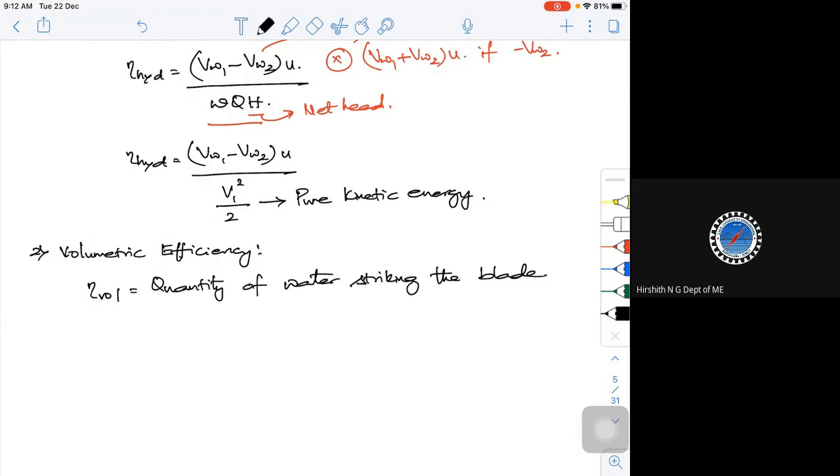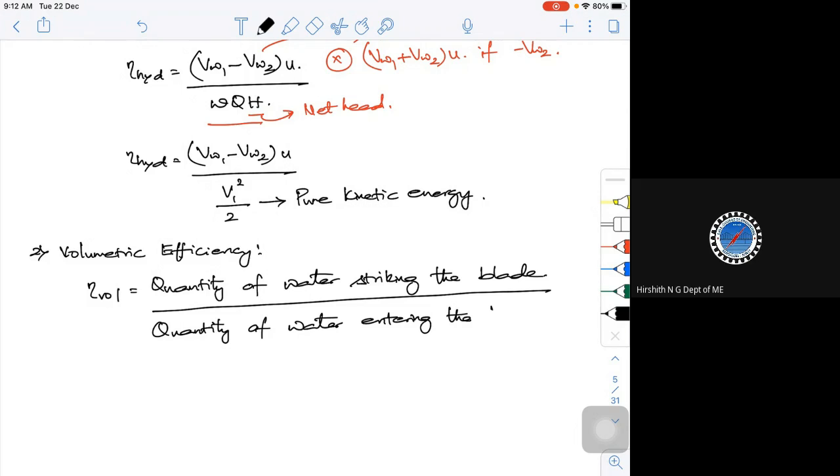If I take the ratio of it, that is the quantity of water entering the turbine, or what is available at the entry, and what is striking the blade, there will be some loss.